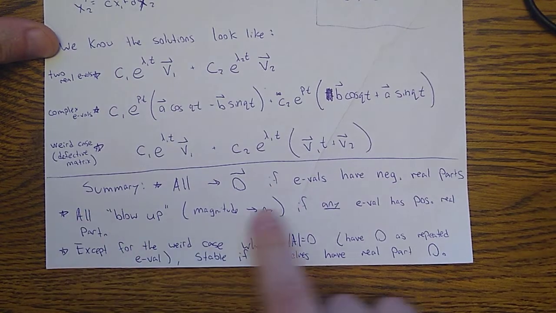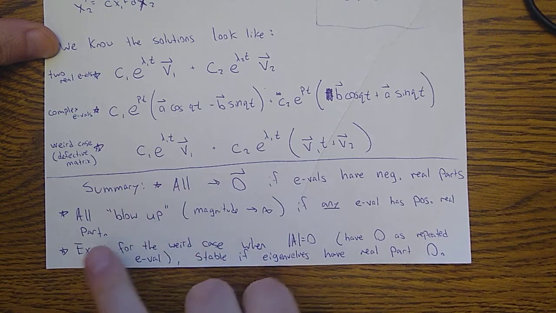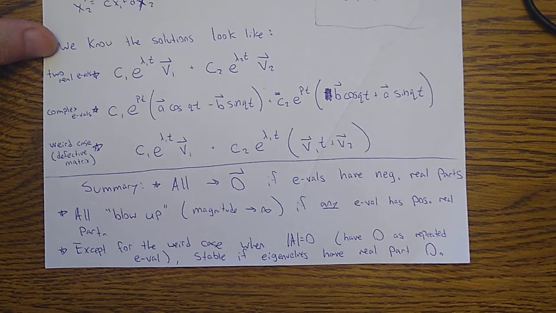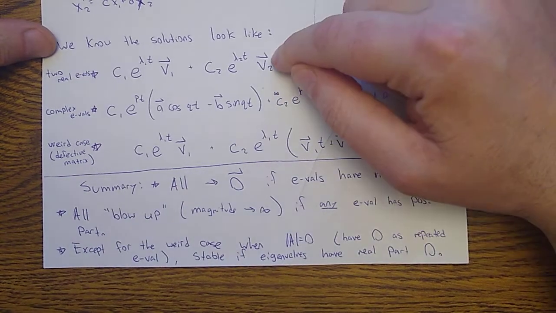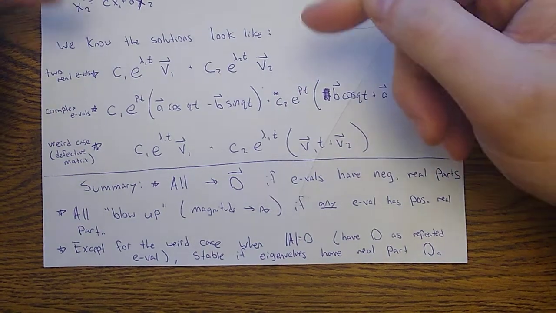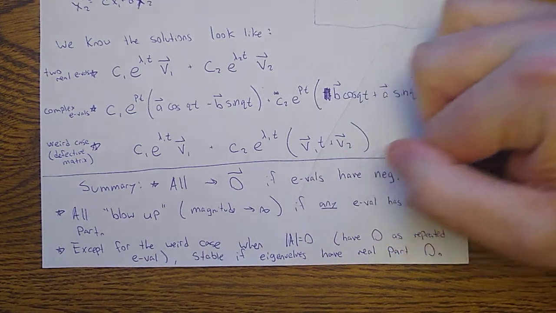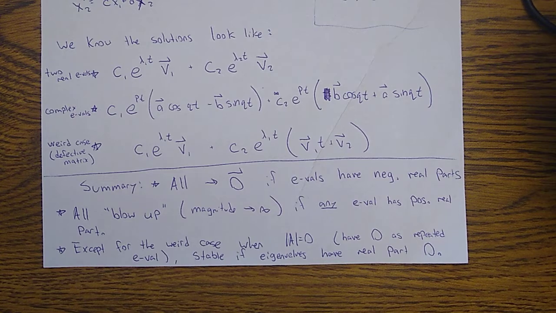Meanwhile, the second star is sort of the counterpart to the first star. These solutions, so to speak, blow up, meaning it's a vector whose magnitude goes to infinity, if any of the eigenvalues has a positive real part.